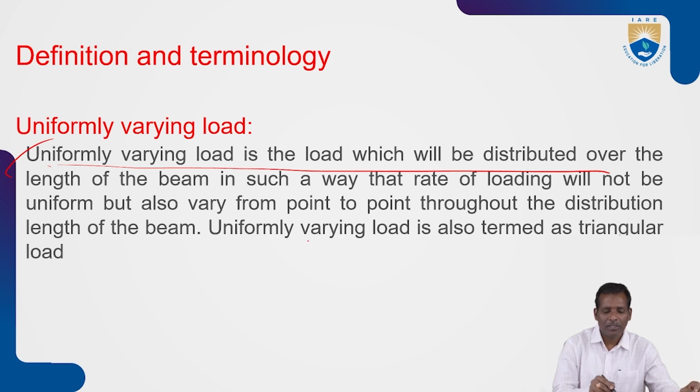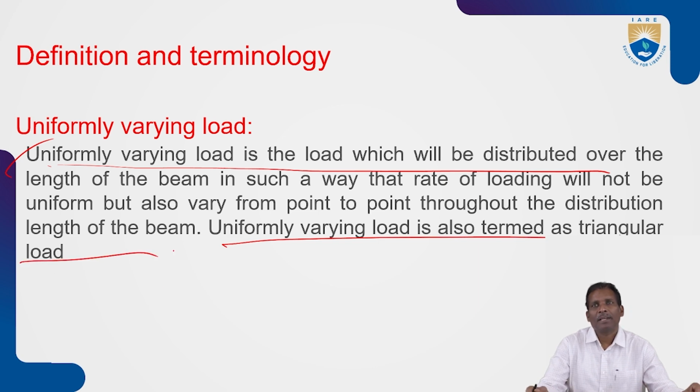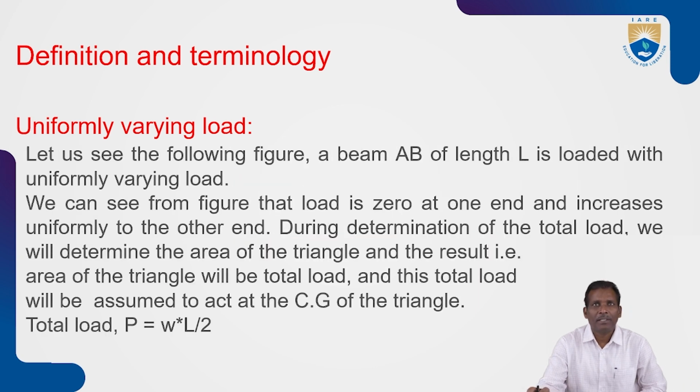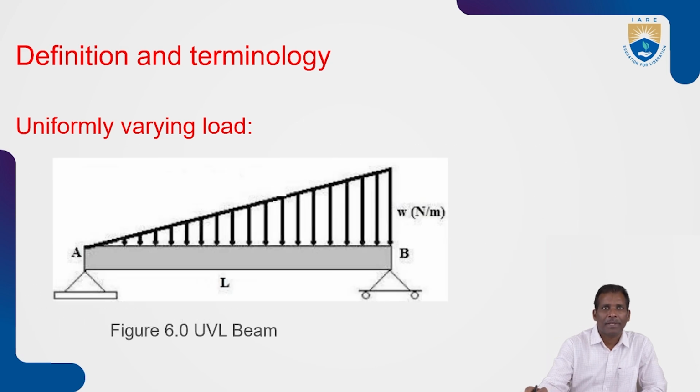So uniformly varying load is also termed as triangle load. Here I will show you the figure. The beam AB of length L is loaded with a uniformly varying load.